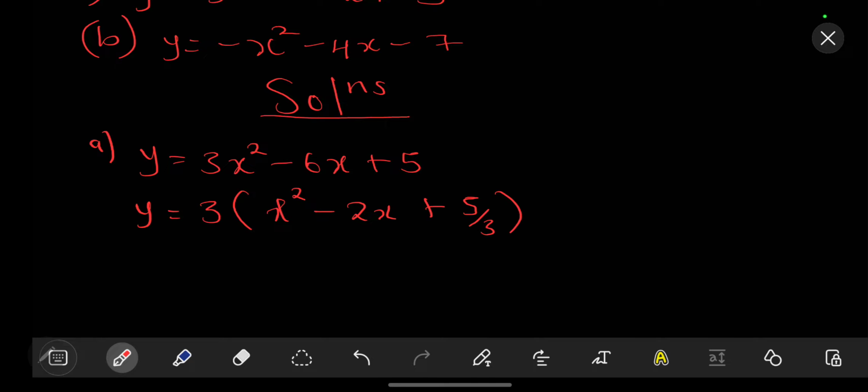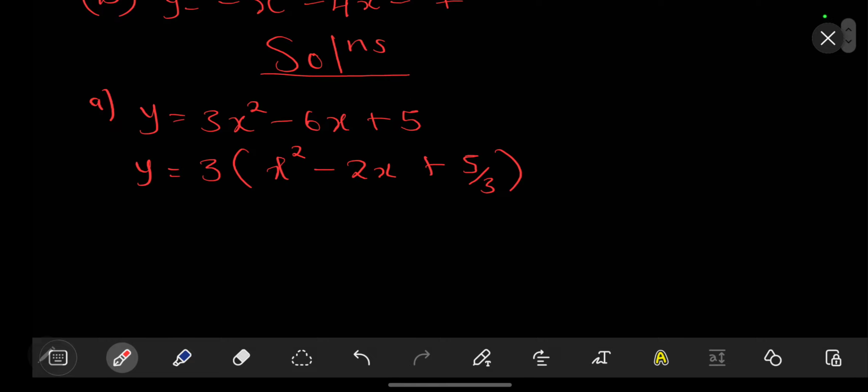Now when we reach this stage, we can apply our knowledge of the completing the square method. So y equals 3, then we can use the square bracket, then we have x squared minus 2x. Now what we are going to do is halve the coefficient, meaning we are going to multiply by 1 over 2.